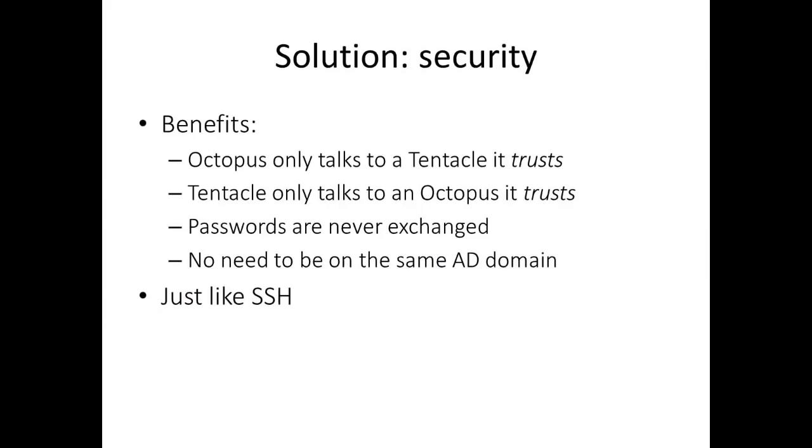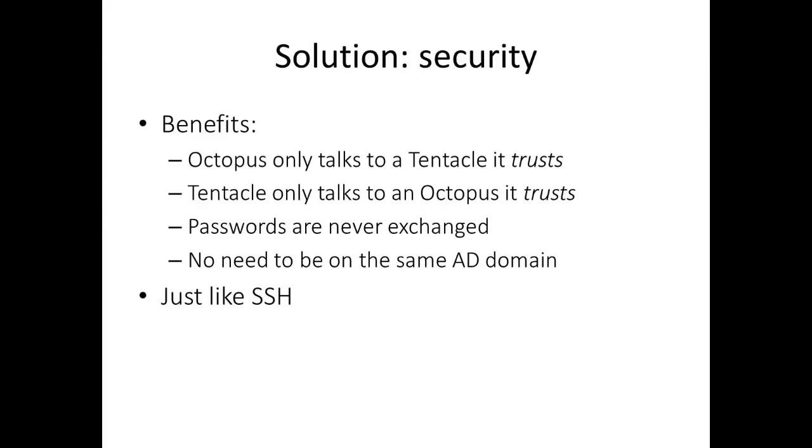You don't have to exchange passwords. All we're exchanging is the thumbprints of the public keys of the certificates, and we don't have any Active Directory credential requirements or need to be on the same domain. And if you've used SSH connecting to Amazon EC2 instances, for example, or connecting to a Git repository, it's basically the same process of this two-way trust relationship.